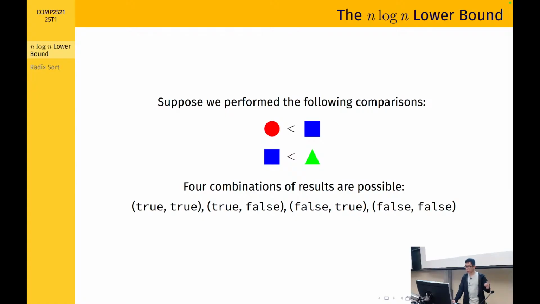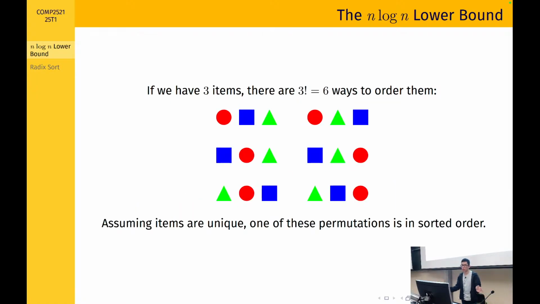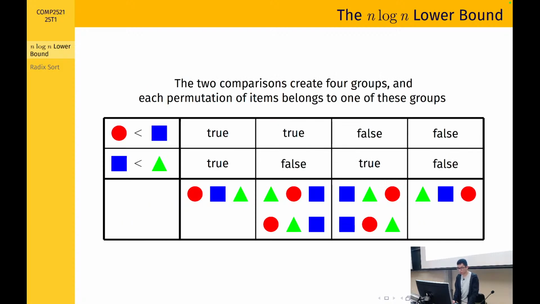but remember we had 6 possible permutations. So that means that for some of the results of the comparisons, it's possible for more than one permutation to satisfy these results.